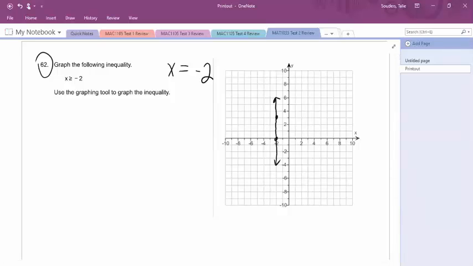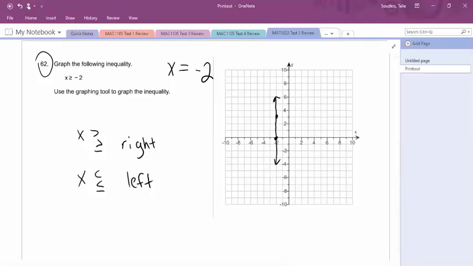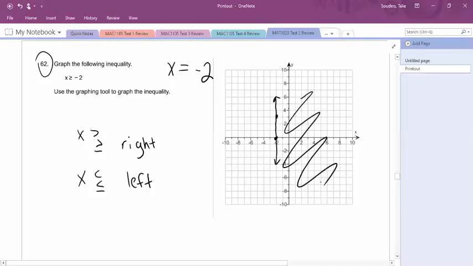One way is if you want to know the rules, if it's x is greater than, if you think of a number line, x is greater than means you're shading to the right, and x is less than means you're shading to the left, which works with a standard number line, right? Think of the x-axis as a standard number line. So here you would be shading to the right.